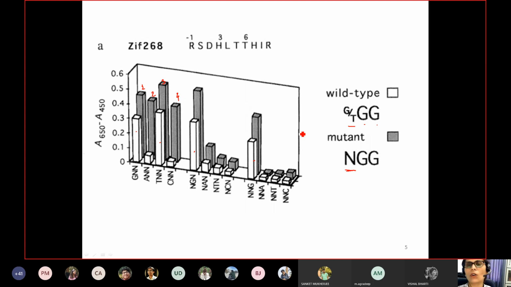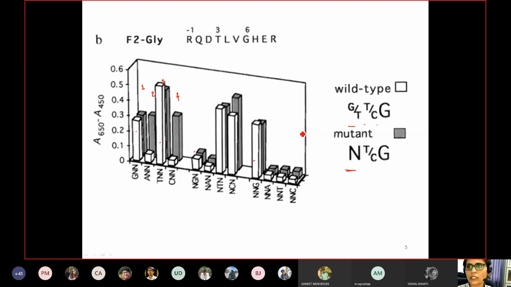Similarly, this was done for all the mutants, and you can see that one can actually change the sequences or the specificity by changing your amino acid at the sixth position. And similarly, wild type recognizes G T or T C, and here it recognizes N at the first position.